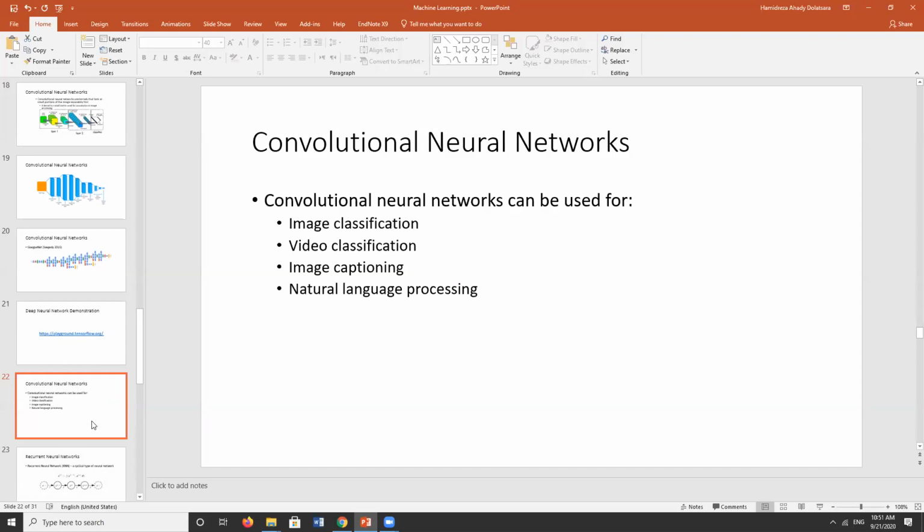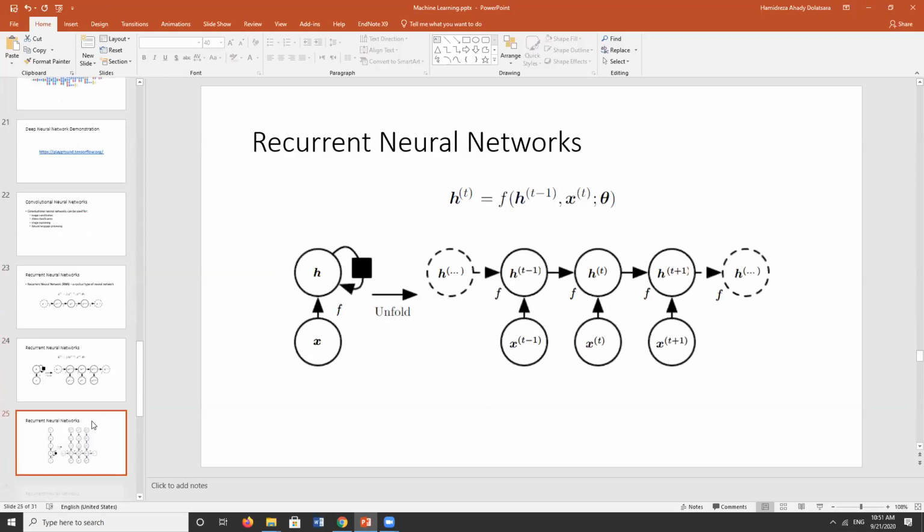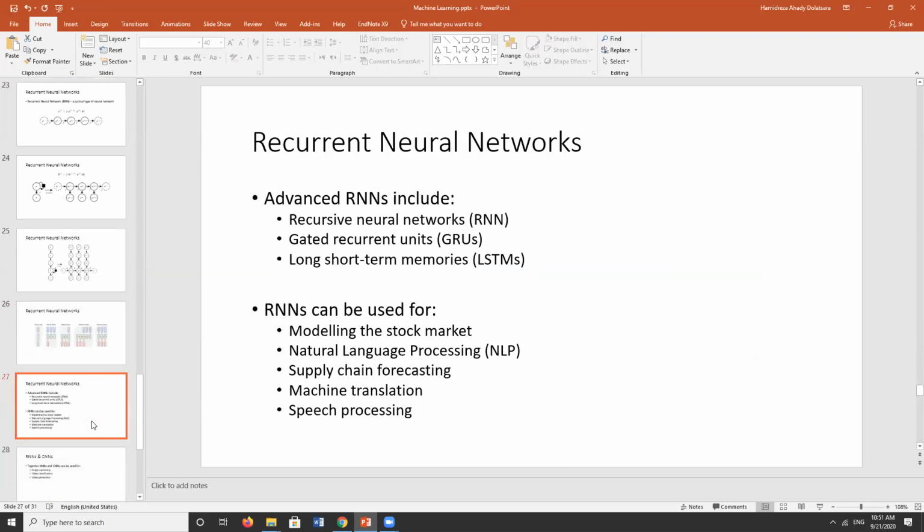So again, the general applications of convolutional neural networks are image processing, video processing, image captioning, and natural language processing. The recurrent one is mostly for sequential data, even natural language processing and time series. These are the main applications of RNNs. These are the most common RNN algorithms: recursive neural networks, RNN, gated recurrent units, GRUs, and long short-term memories, LSTMs.